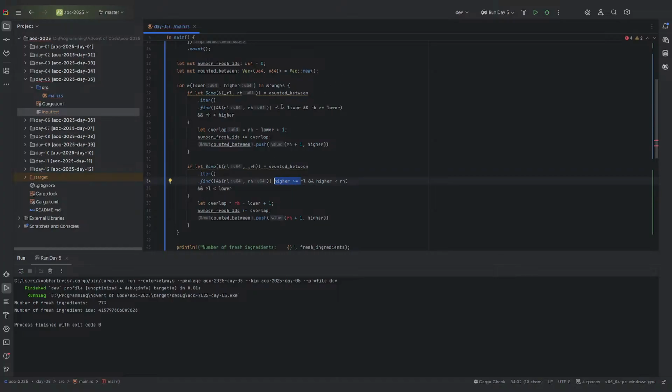Here I'm looking for something where its higher bound is definitely bigger, but its lower bound crosses this one.